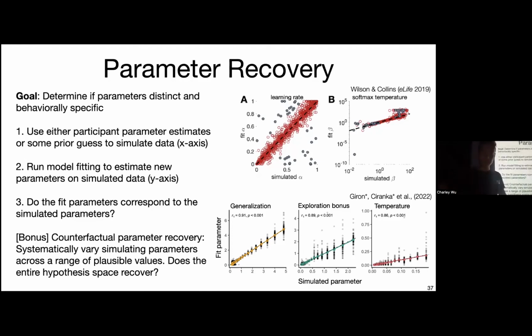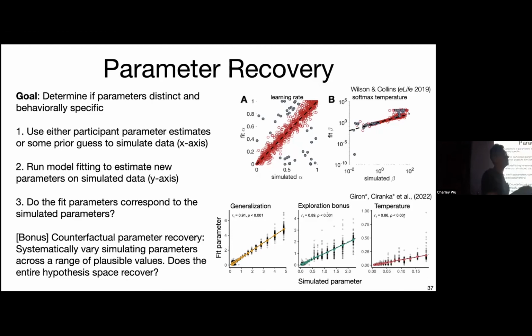In a recent preprint by one of my former master's students, Anna Giron, and collaborators Simon Soranka, we have done what we call a counterfactual parameter recovery, which is a bit more of an overpowered way to do parameter recovery, where we also systematically vary parameters across a wide range of possible values.